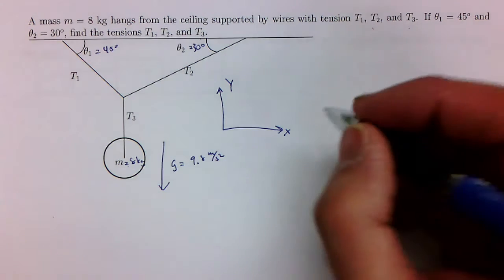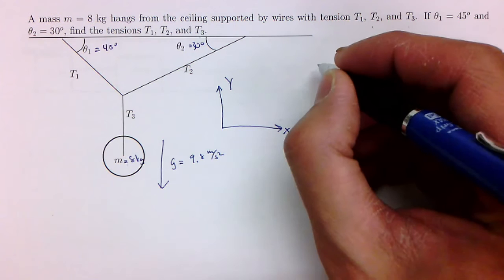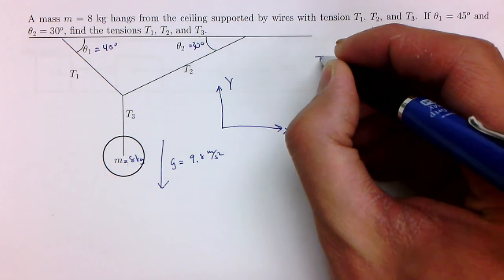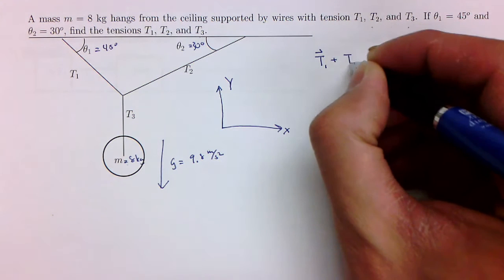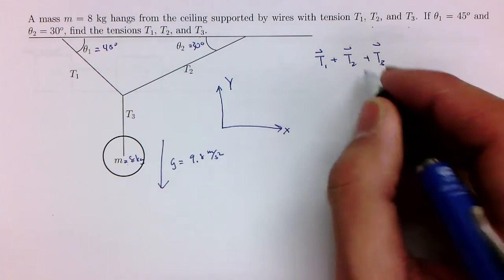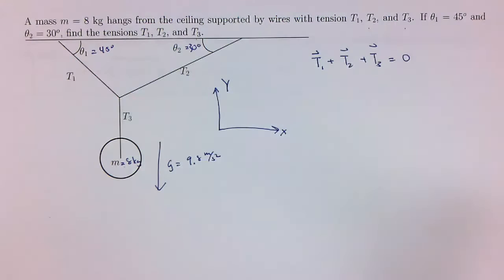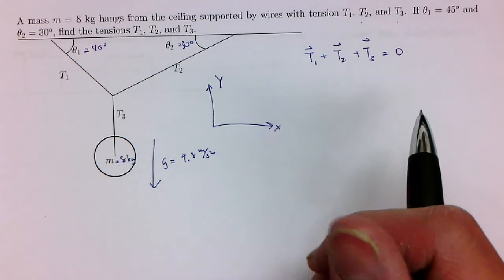So what that means is that the different tensions, let's write these as vectors: T1 plus T2 plus T3, all these tensions at this point, has to equal 0 because this point is not moving. There is no net force on that point.